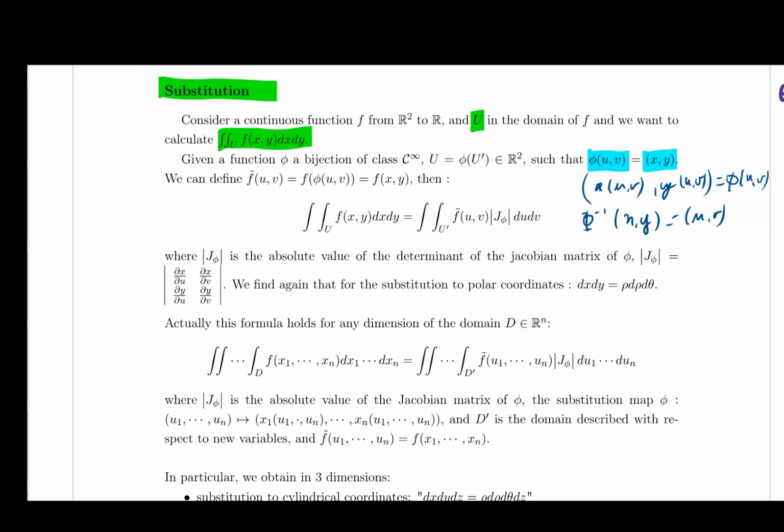You have your function f defined with x, y variables, and you want to integrate on domain U. The thing is that you realize that if you substitute the x, y variables into new variables u, v, it's going to make it much simpler. So what should we do?